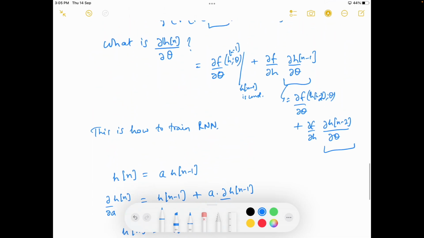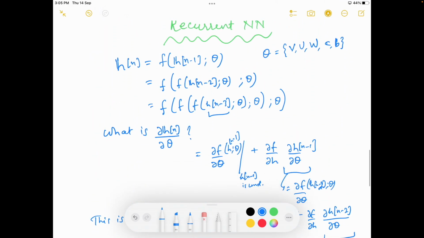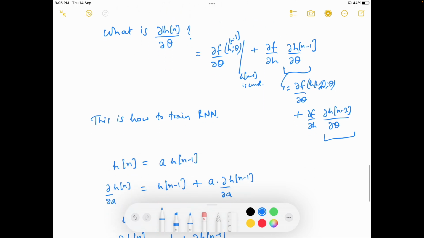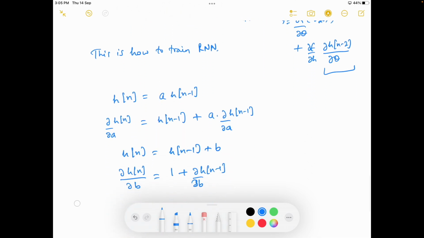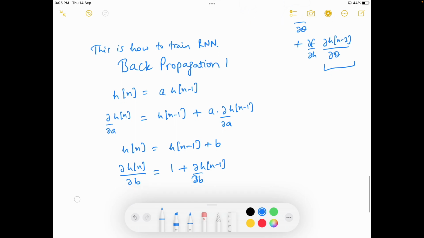Okay, so this is called the training of recurrent neural networks, and this algorithm is called backpropagation. All of you agree this is backpropagation? Backpropagation through time. So you are backpropagating through time.